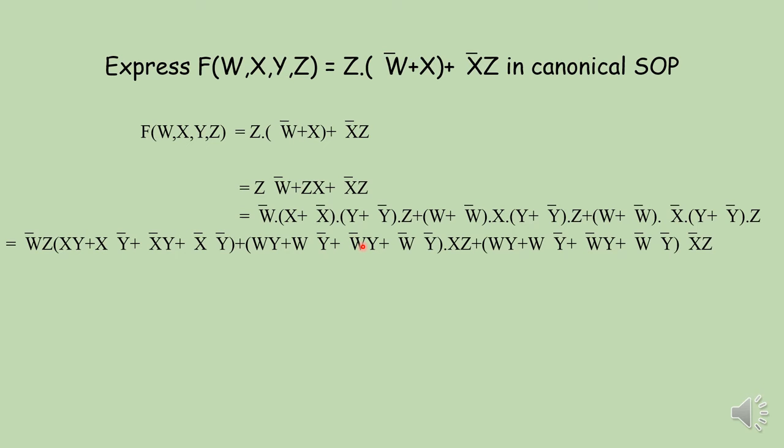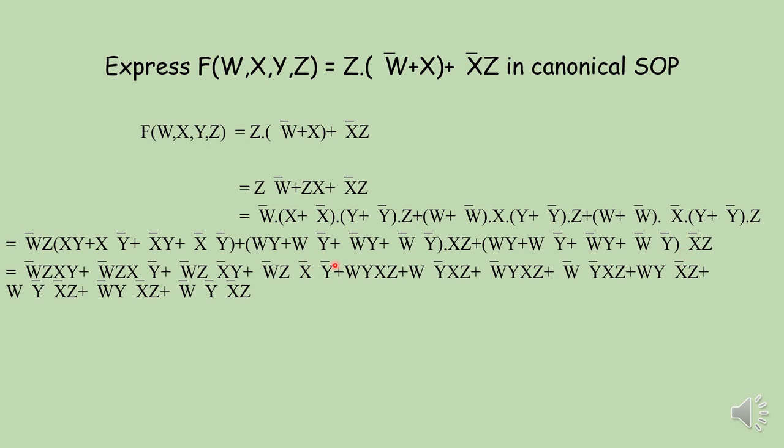So here we get wy plus wy bar plus w bar y plus w bar y bar. In the third term, w plus w bar is multiplied with y plus y bar, and this term is multiplied with x bar z. So in the first bracket we can write wy plus wy bar plus w bar y plus w bar y bar, which is multiplied with x bar z.